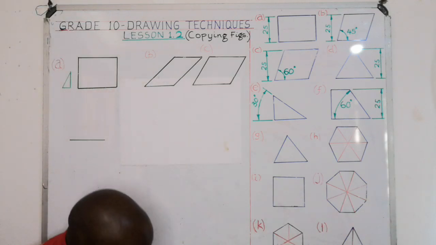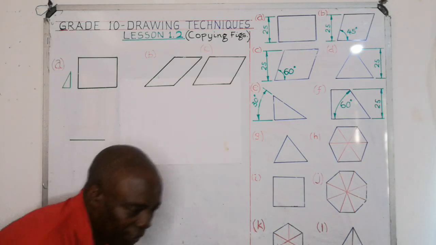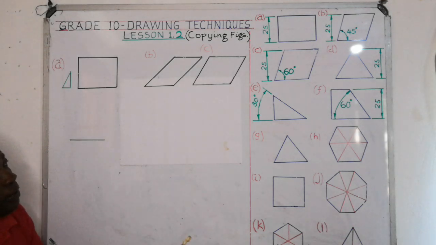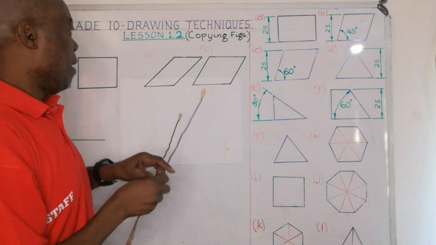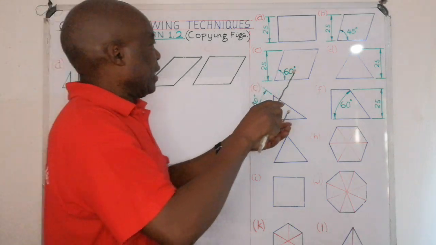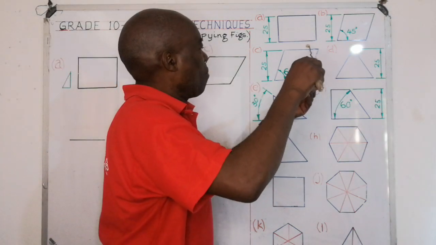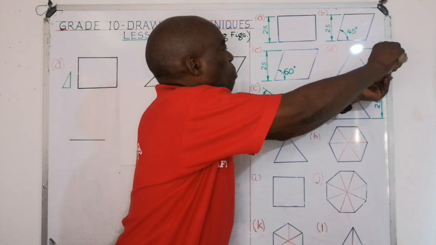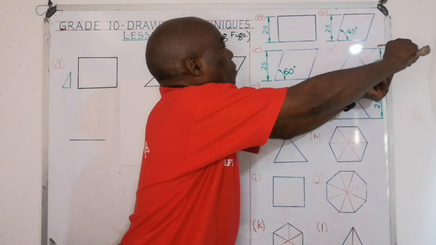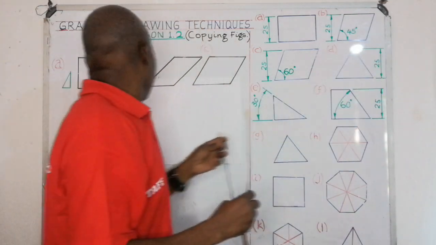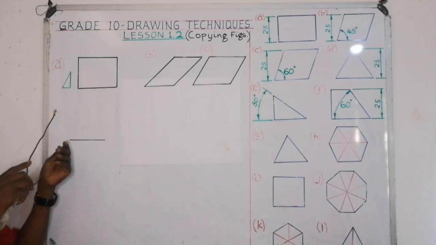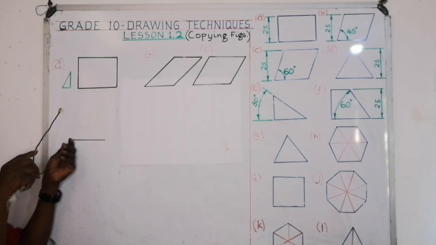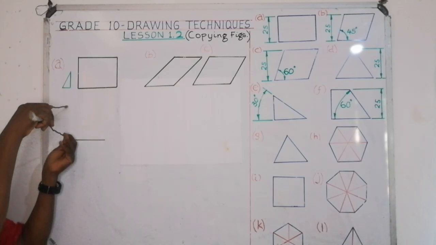Remember the height. Let me measure the height first. The height is 25. So that's my height, 25. Height of 25 there. So I mark it there.